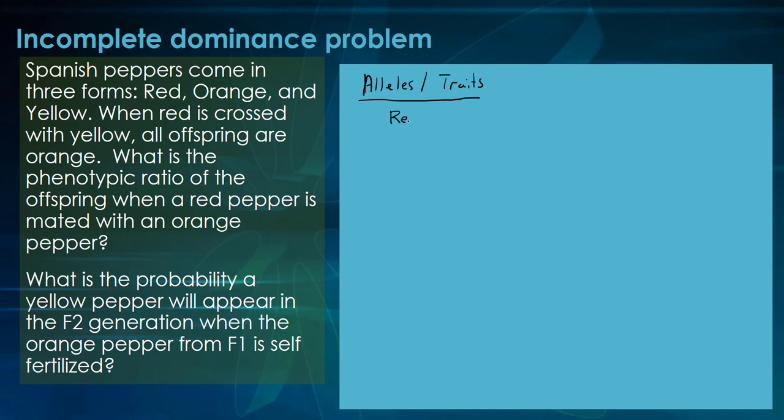So we've got our red, we've got yellow, which then red and yellow were combined to create the third trait, orange, and we get that information out of the question. So once again, we're seeing that red crossed with yellow creates orange. Therefore, this is incomplete dominance. And what we can do is assign an allele like this.